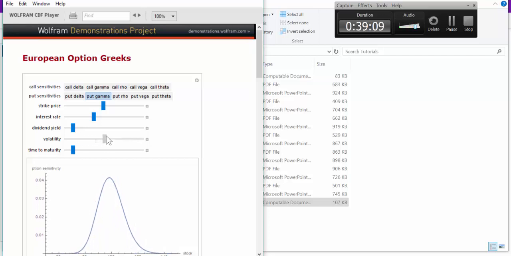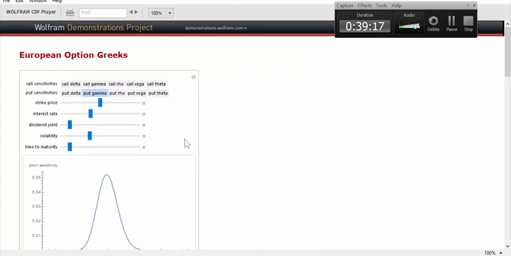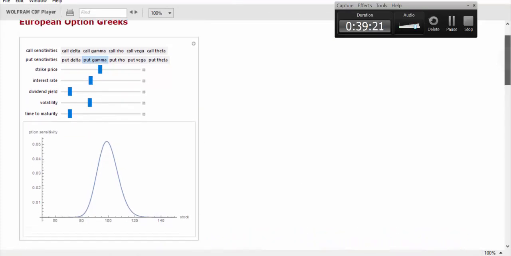Now, as you can see, what is changing here is not on the x-axis, because we are keeping everything constant except volatility.